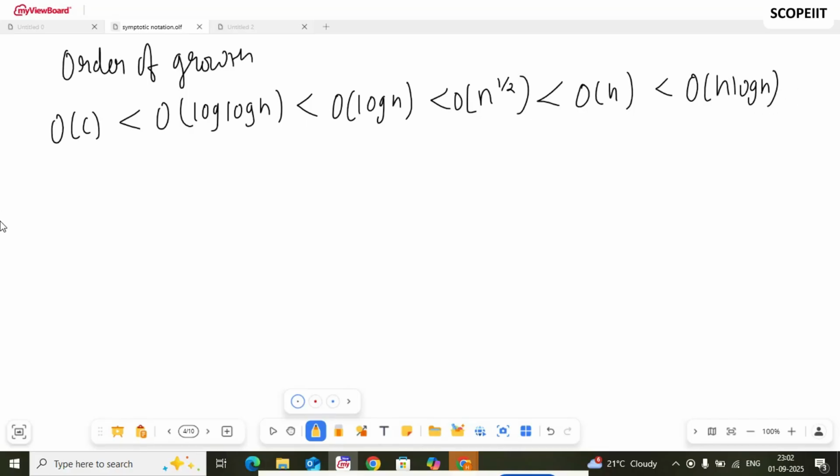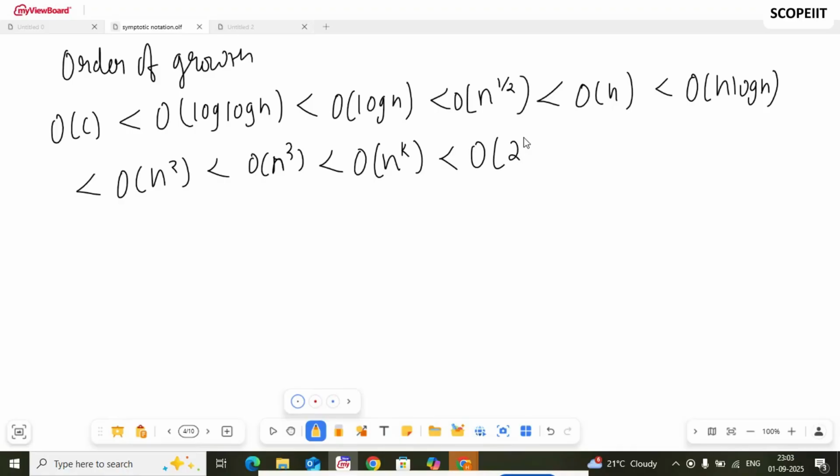This continues: less than big O of n square, which is less than big O of n cube, which is less than big O of n power k, where k means any term, which is less than big O of 2 power n.